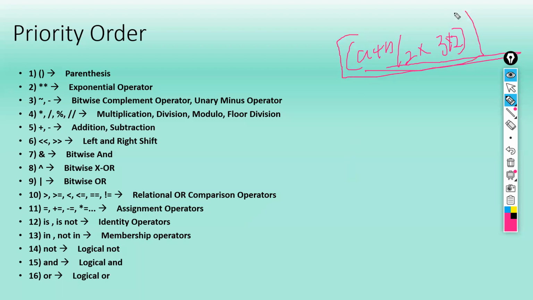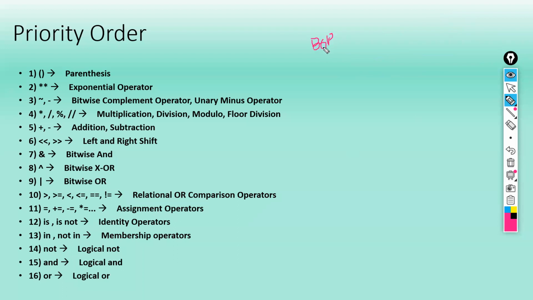Based upon what does Python calculate? We know the BODMAS rule, brackets first, and in the same way Python has some priority. Parentheses are given high priority, then exponent, then bitwise complement and minus operator, then multiplication and division, and all this. I'll share the slide with you, then you can see and observe that.